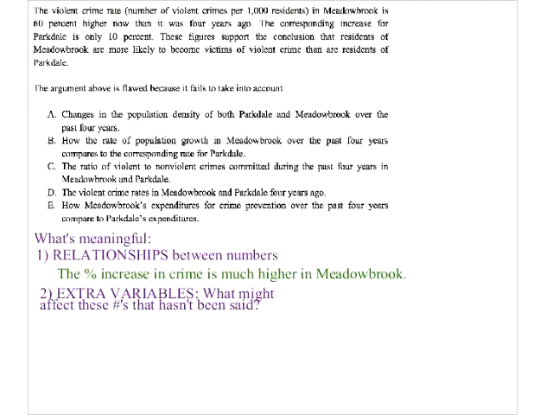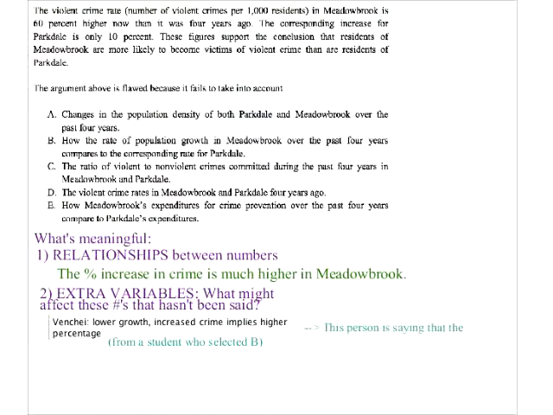Here is what one person said, from someone who picked answer choice B. This person is saying that the population itself is an extra variable that matters.